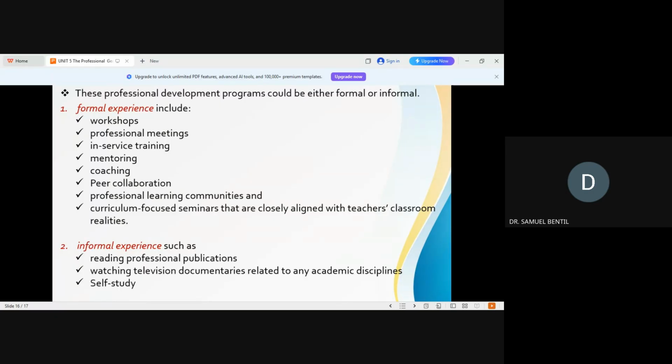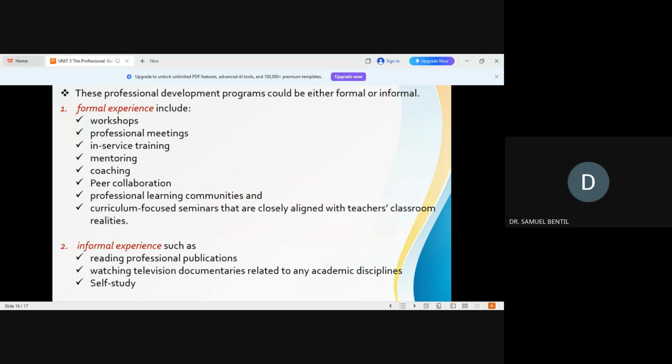Then coaching, peer collaboration, professional learning communities (PLC), and curriculum-focused seminars that are closely aligned with teachers' classrooms. So any curriculum training, seminars and workshops are all forms of professional development programs in the bracket of the formal.